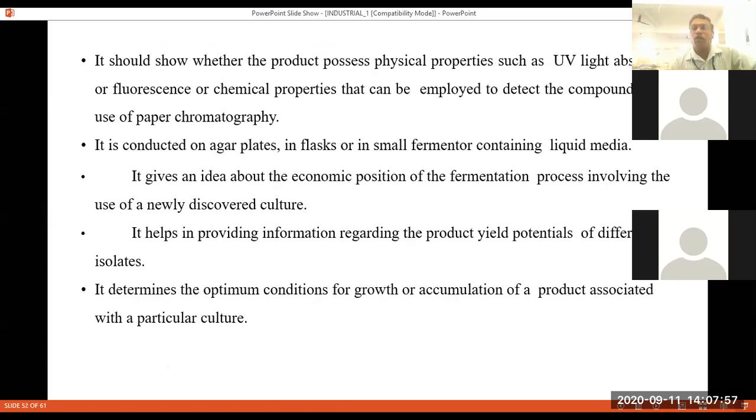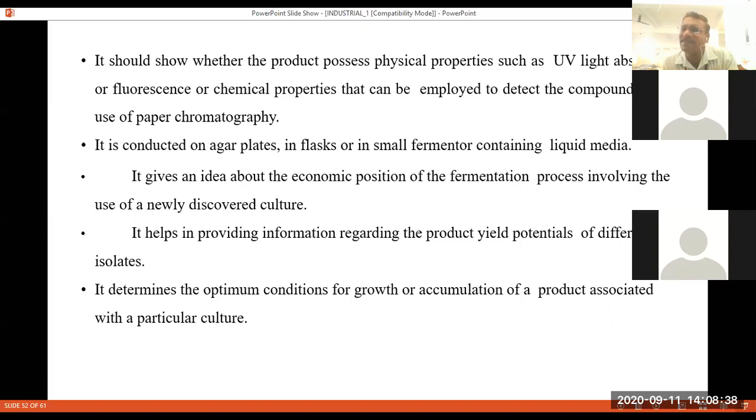Now, what does the secondary screening indicate, which information do they use? The secondary screening should show whether the product possesses certain physical properties. We know very well that chemicals have two important properties. One is the physical property, and the second is the chemical property. If these two properties are there, you have to check the physical quality, or property.